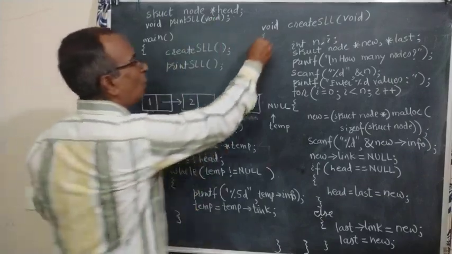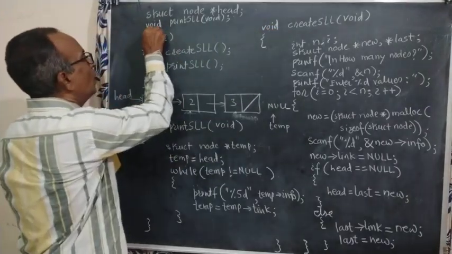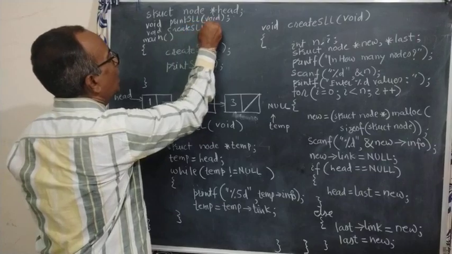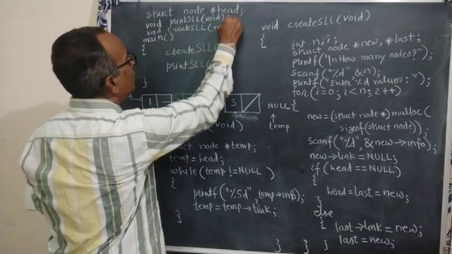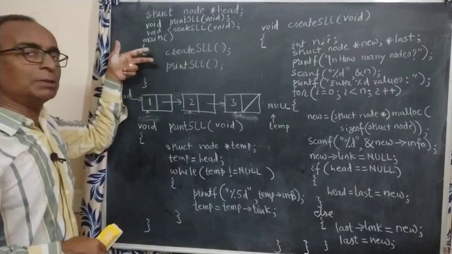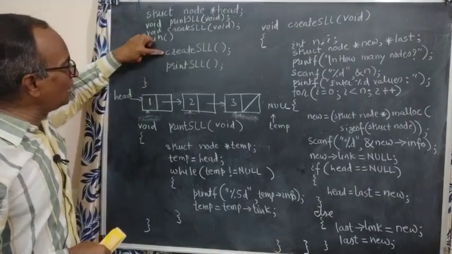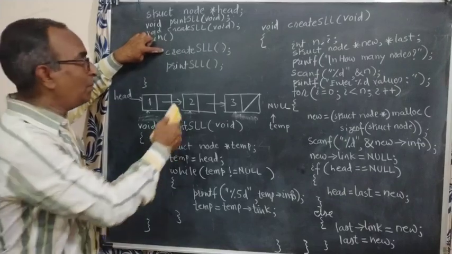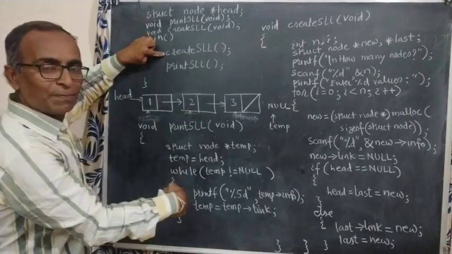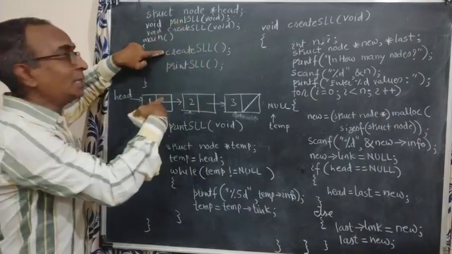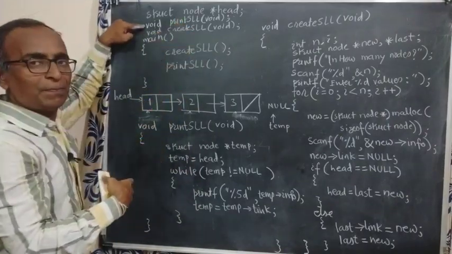So this way you copy this here: void create SLL and void. When you implement the functions after main, because the call is in main but the implementation comes after it, you have to have a declaration before main somewhere.